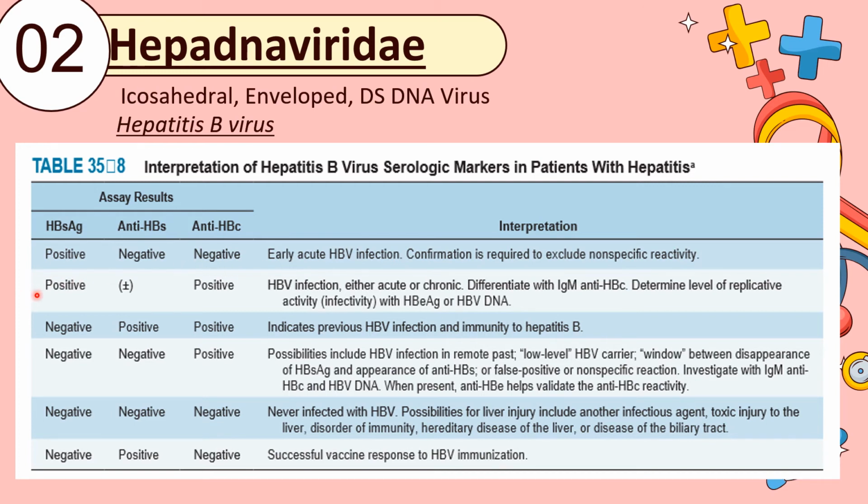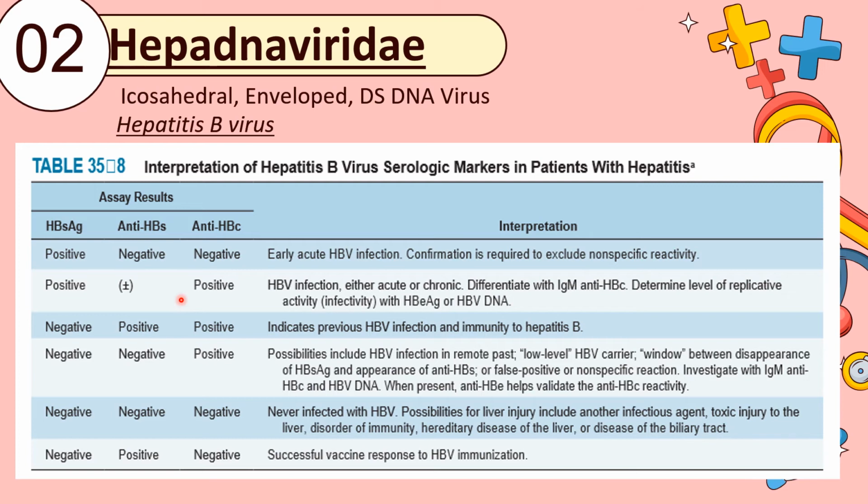Next is when you have a positive HBs antigen, positive anti-HBs, and positive anti-HBc. This is an indication of hepatitis B infection, either acute or chronic, that is differentiated with either IgM or IgG.